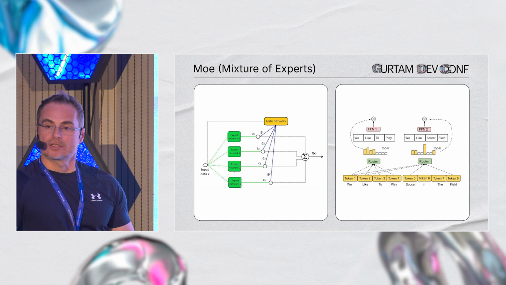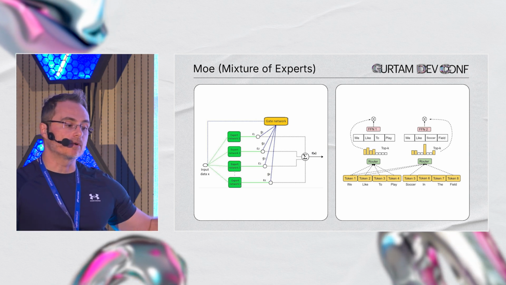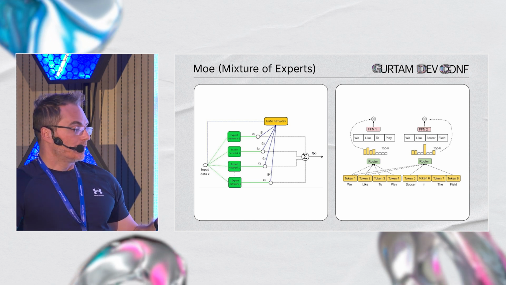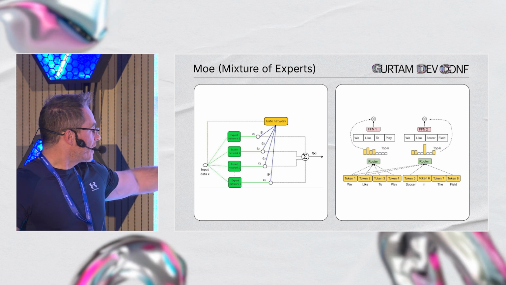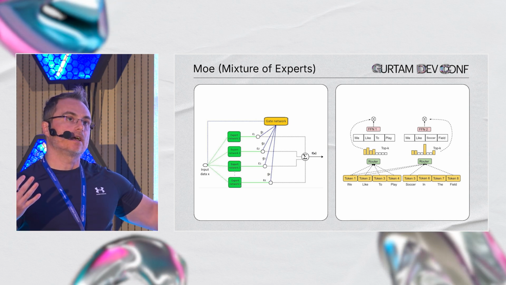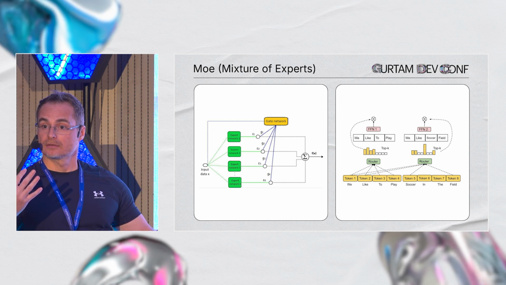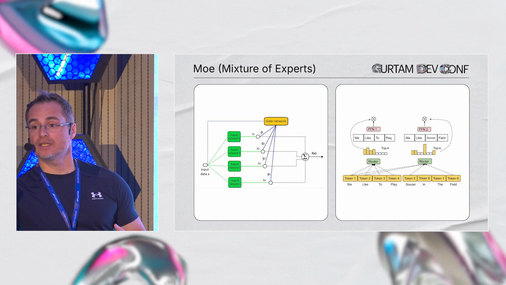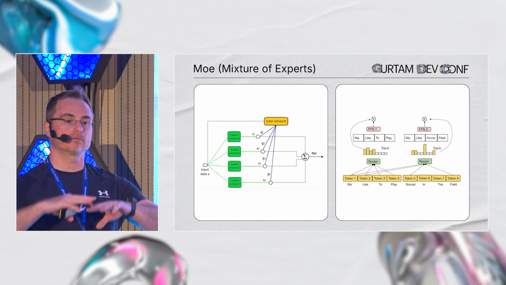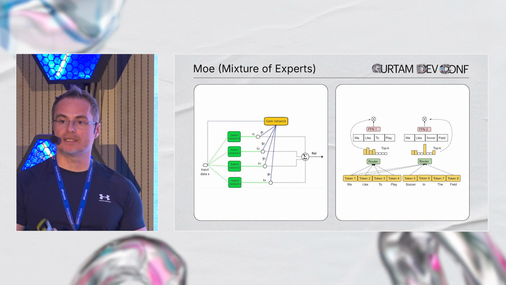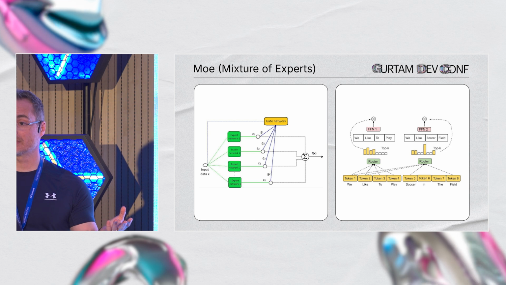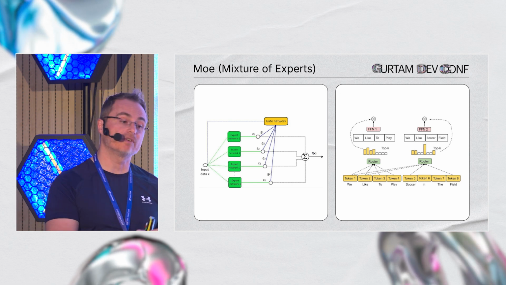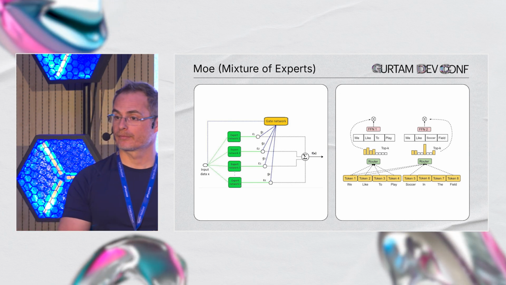What are the advantages of this kind of architecture? Why am I going to suggest that architecture in this case? Because you can have 5 experts, let's say each expert has 7 billion parameters. So you can have a model that is 35 billion parameters running at the cost of a 7 billion parameter model.